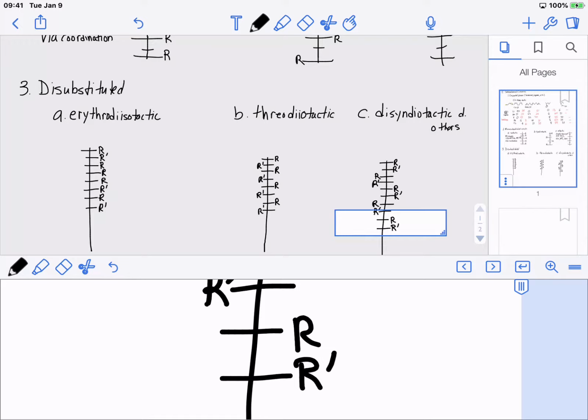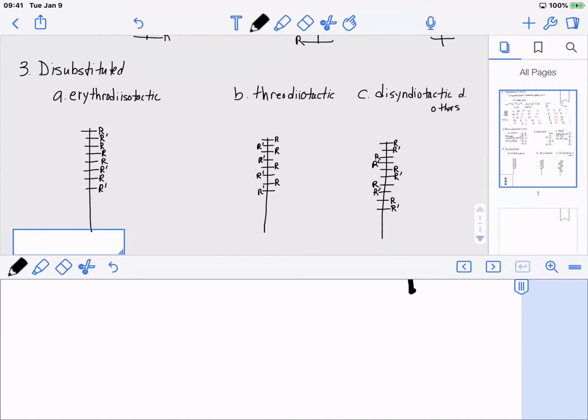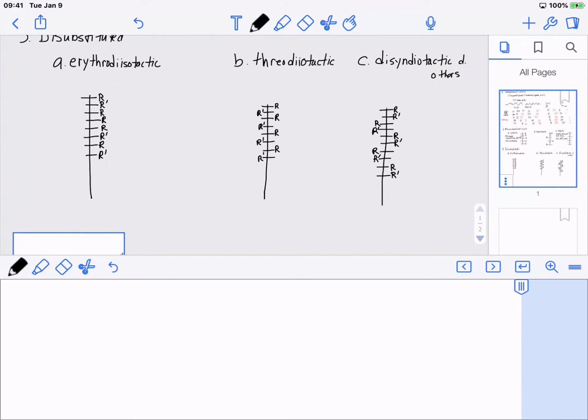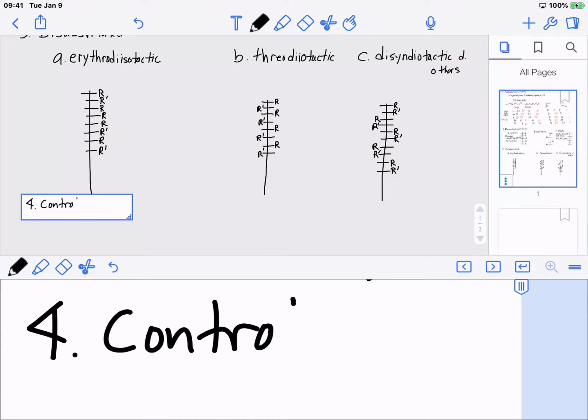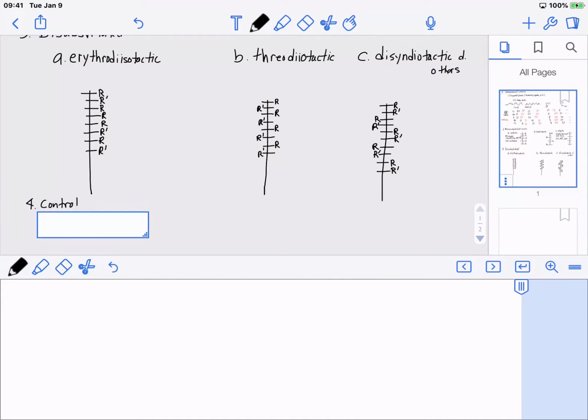All right, so the next item is control. You can have some control over these. Let's look at the synthesis. Oh, and I should say that anionic polymerization of polar monomers in polar solvents only gets poor specificity.